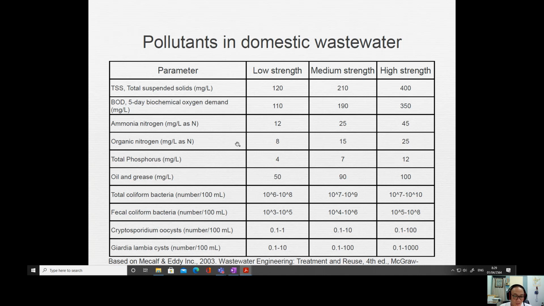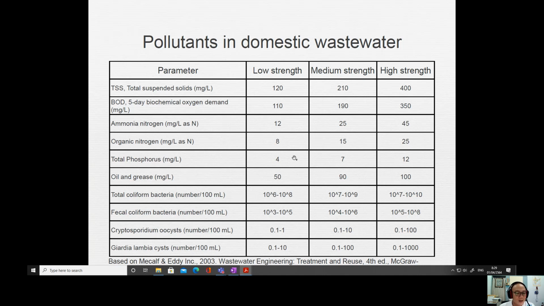Of course, according to the ratio BOD to N to P, the ammonia and phosphorus will be left over. So the leftover nitrogen and phosphorus will finally be disposed along with the treated water into the natural receiving stream or the surface water sources.